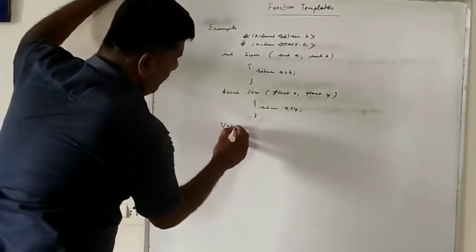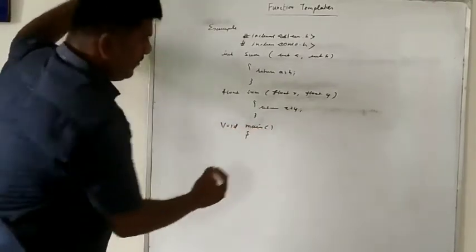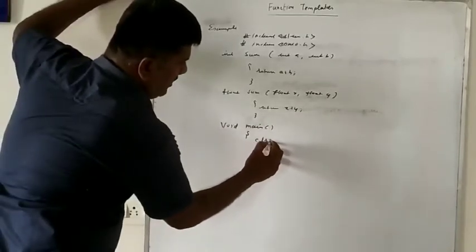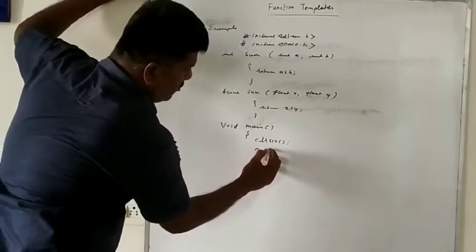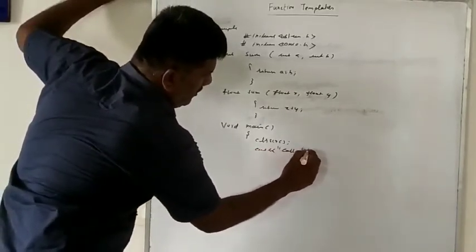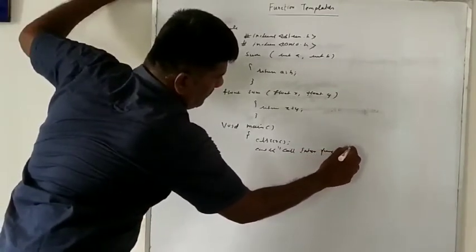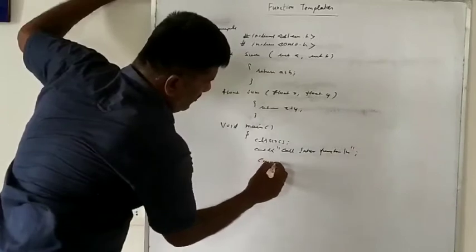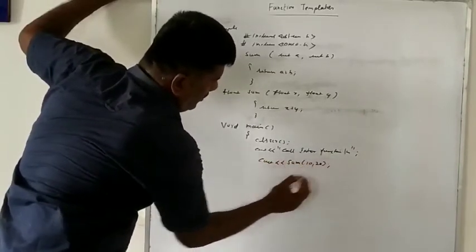Okay, write the main function. Here clrscr, clear the screen. Next, first call the integer function: cout sum of 10 comma 20.